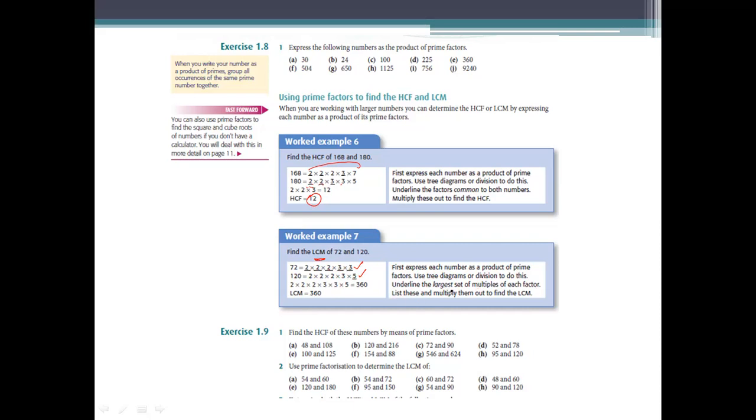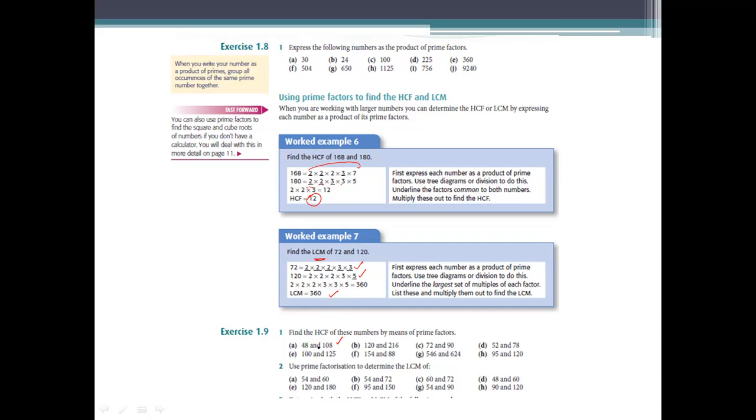Underline the largest set of the multiples of each factor, list these and multiply them out to find the LCM. So let's multiply. 2 times 2 is 4, 4 times 2 is 8, 8 times 5 is 40, 40 times 9 is 360. So the answer is 360.